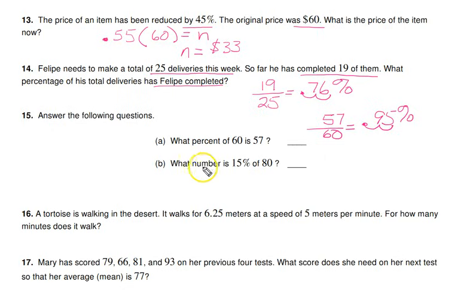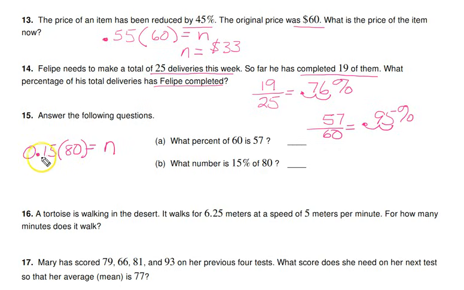Now, letter B. What number is 15% of 80? So, let's just set this up as an equation. 15% of 80 is N, or P, or whatever letter you want to use.